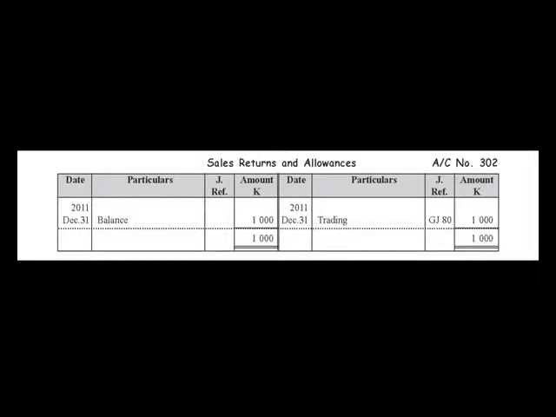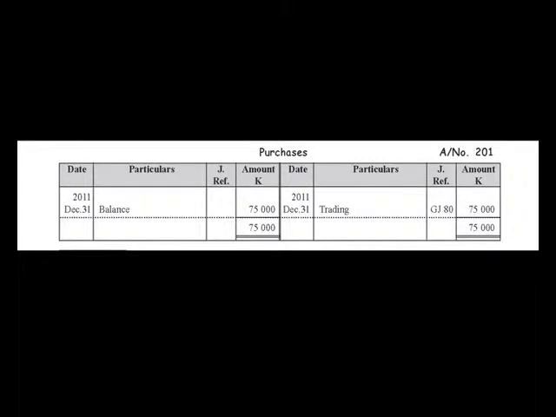Sales returns, we have a debit balance of 1,000 and transfer this amount to the trading account and close off the account. Purchases account, we have a debit balance of 75,000 and transfer this to the trading account and no balance remains.